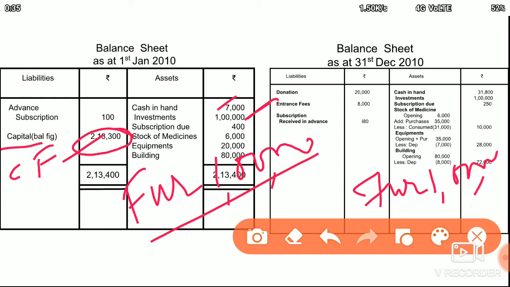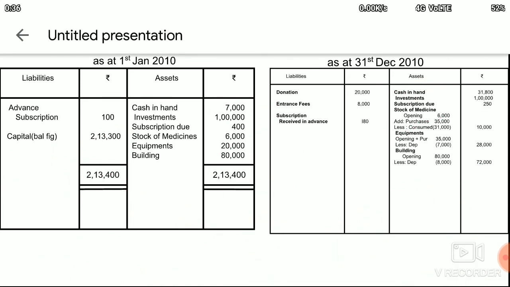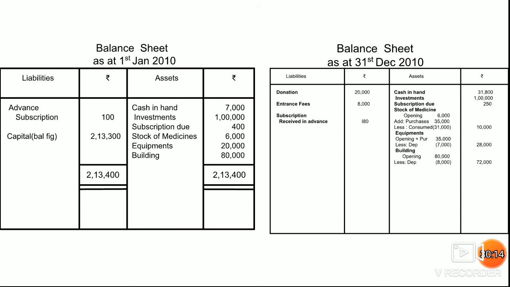That's why it is important that after taking all the items, we should look at the old balance sheet once before we close the new balance sheet. So from here we'll take the capital fund, and investment we have already taken.